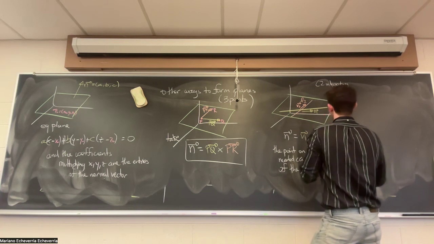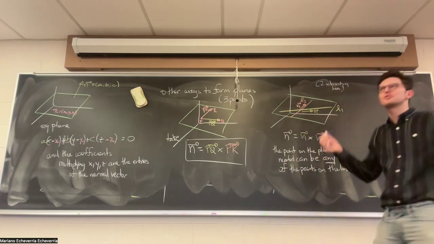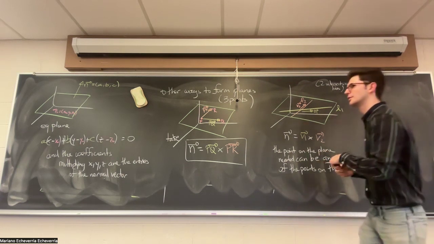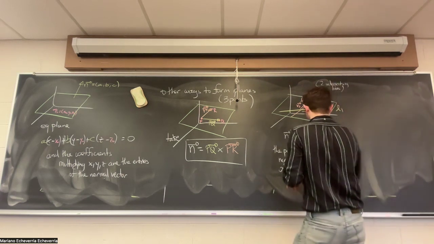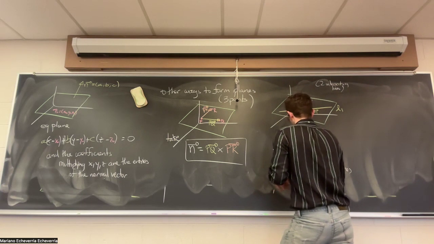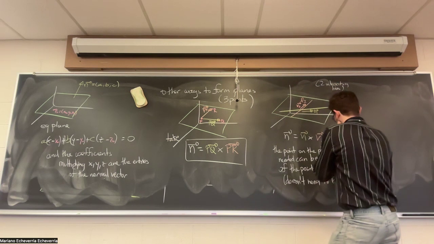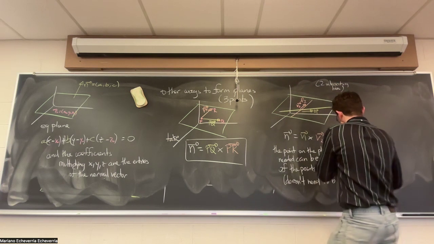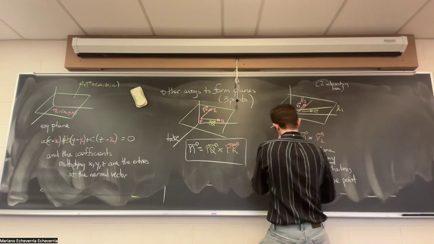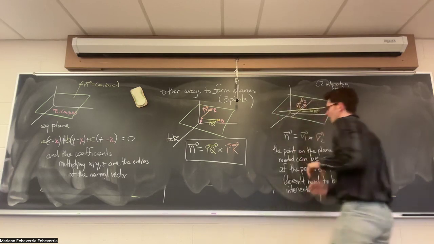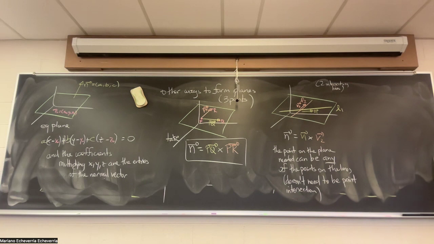You don't need to use a point of intersection, which is something natural to try, but you just spend a little bit of extra time finding it. So it doesn't need to be. Is that making sense?